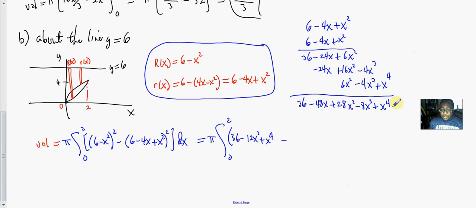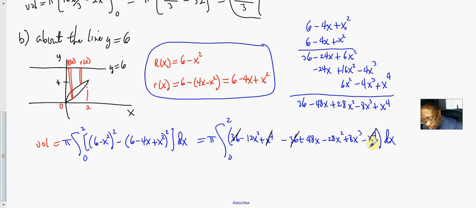So we put all that in there. So it's minus all that. So this is minus 36 plus 48x minus 28x squared plus 8x to the 3rd minus x to the 4th, dx. Okay, so the 36's cancel out, and the x to the 4th's cancel out. The volume is pi times the integral from 0 to 2.